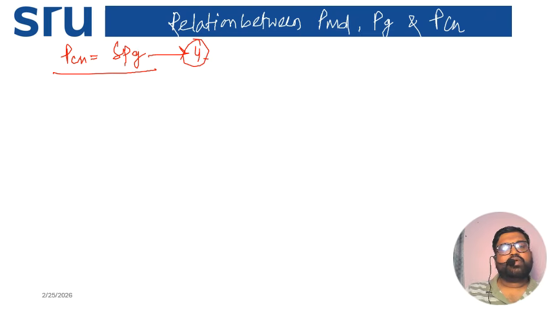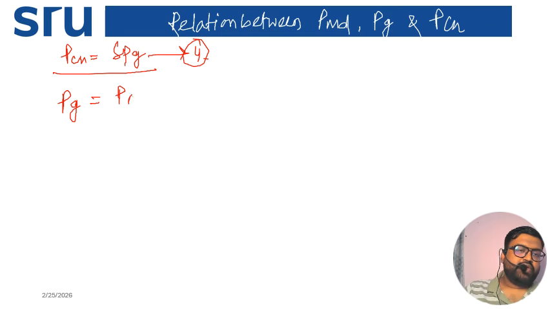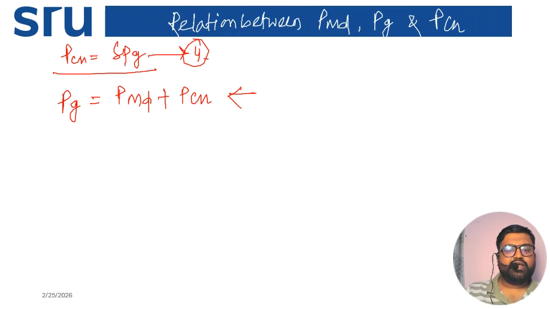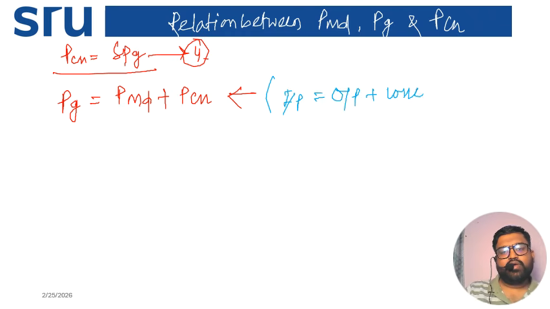Now the point is, we know that input power Pg equals PMD, the output power, plus P copper loss. This is the general: input is equal to output plus losses.